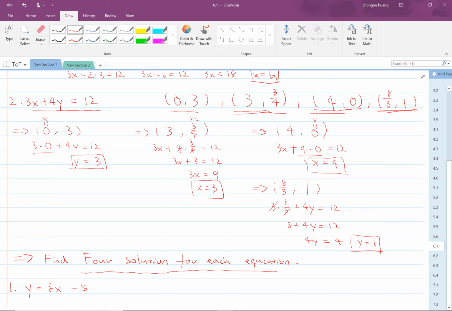The reason why you have to plug into the equation is that as long as you plug the variable into the right equation, you will always find a point on that equation. Okay, that's the main thing.